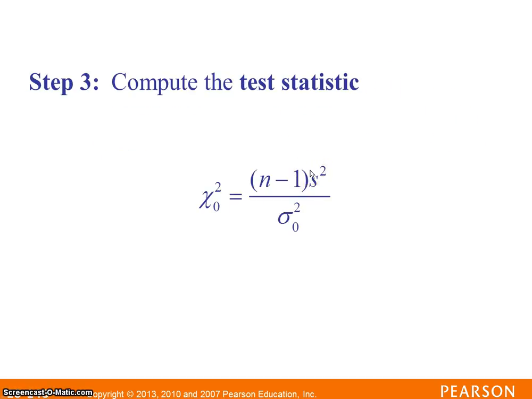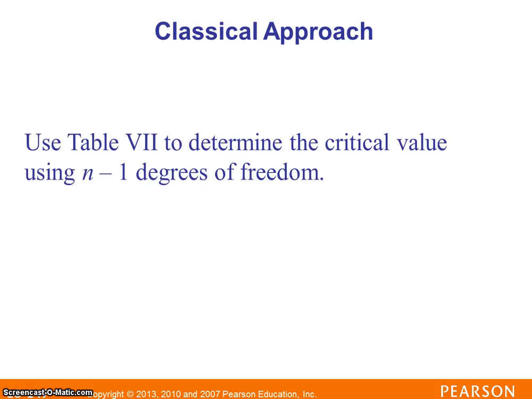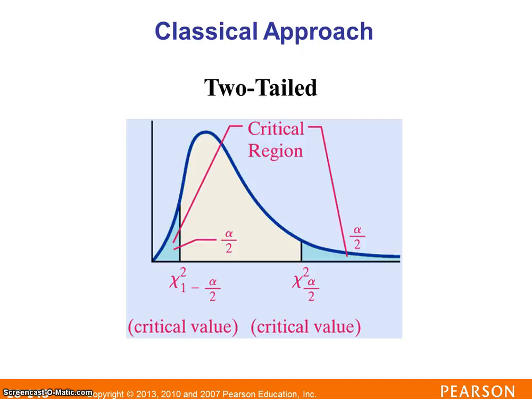And then again, the fourth step depends on whether you want to use the classical or p-value approach. With the classical approach, again, you'd want to use table, in this case 7, to determine the critical values using, again, n minus 1 degrees of freedom. So again, you could have a two-tailed test like this.